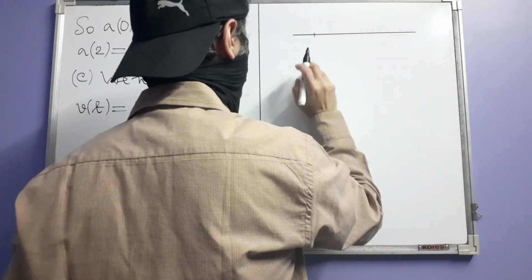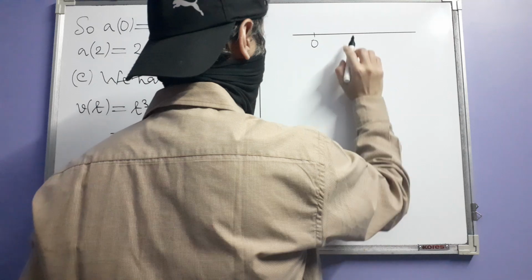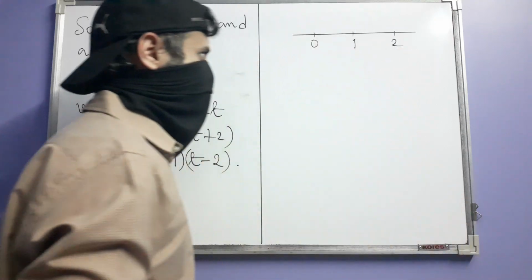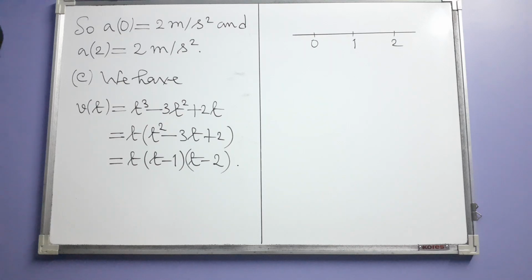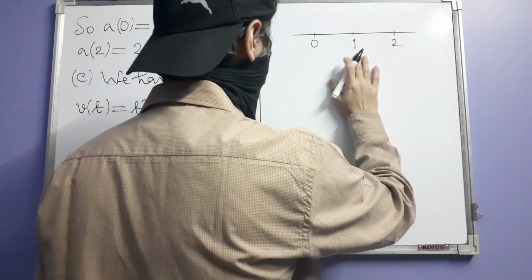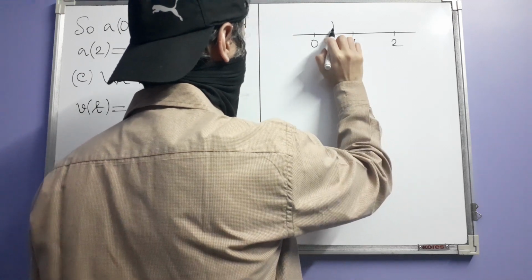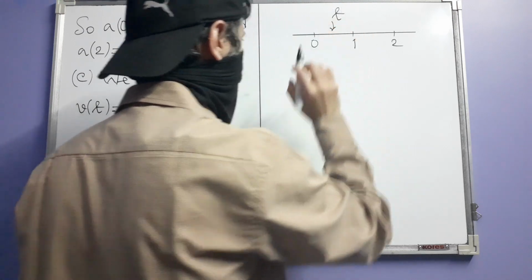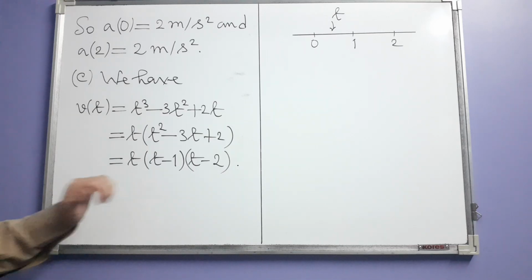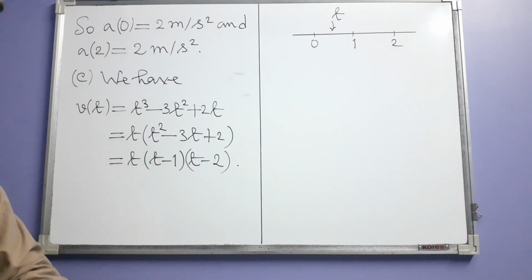Say this is your 0, 1, 2. Okay, t lies between 0 and 2. Now, what happens if t lies here? Then t is greater than 0. See, t is always greater than 0.